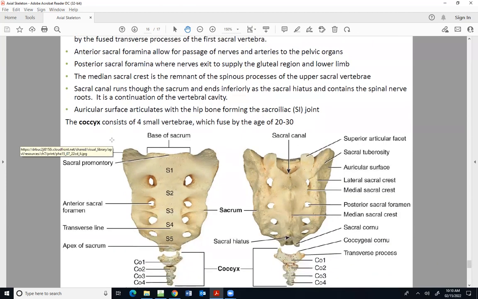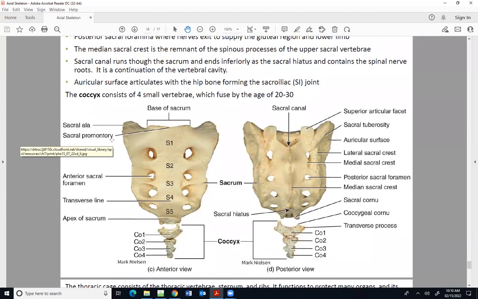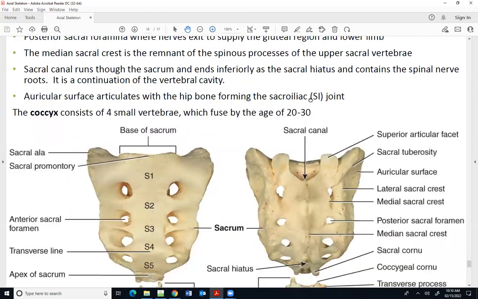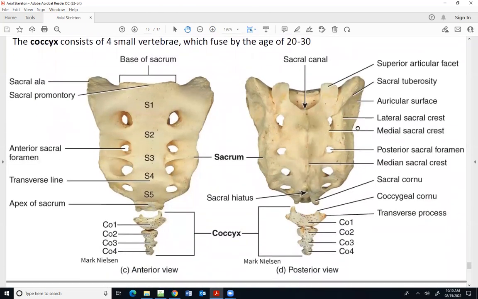First thing I want to do is point some things out. On the exam, you probably won't see both of these images, but you'll probably see one of them. You may or may not have it labeled as anterior and posterior. There's an easy way to tell. If you look straight down the center of the sacrum, if it's anterior, it's nice and smooth, whereas if it's posterior, it's got this little ridge.